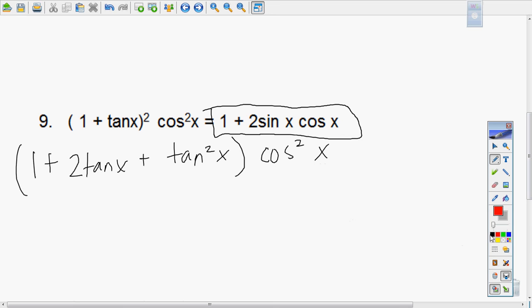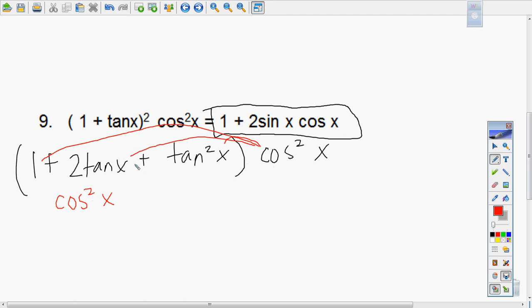What does it mean when you have something on the outside? Multiply, right? So I need to distribute. It doesn't matter if it's on the front or on the back of the expression. So cosine squared times 1 is cosine squared x.